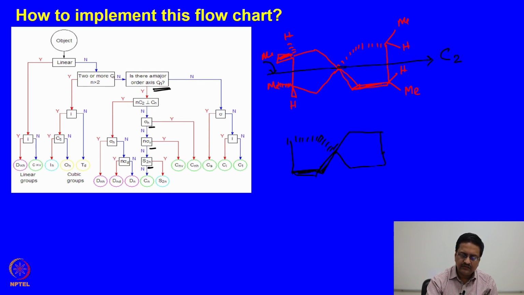Whatever was down becomes up and whatever was up becomes down.